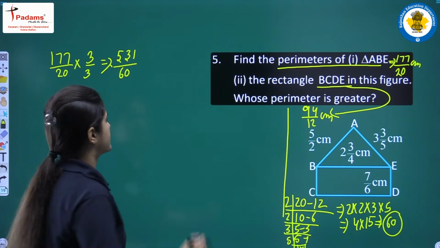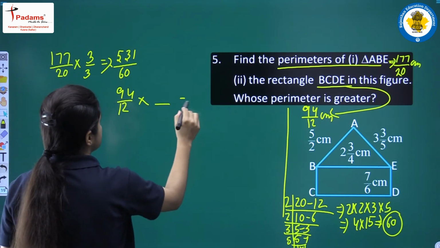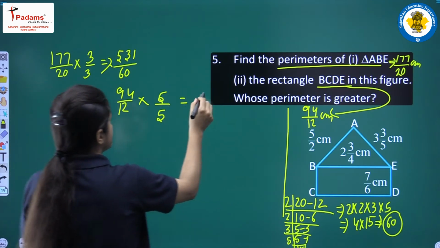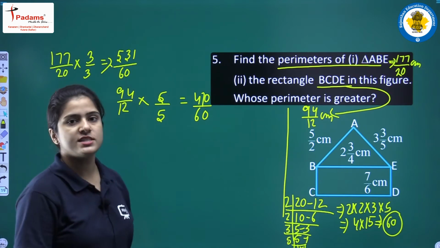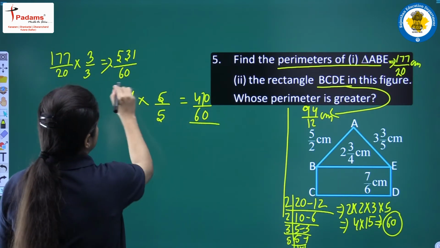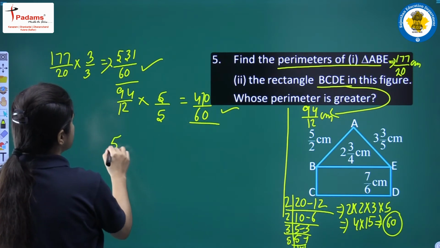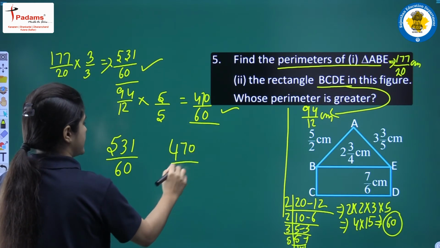Now students, this 94 upon 12 into what is equal to 60? 5, okay. This is also 5. So this is 470 upon 60. Now the denominators are the same, so it means that it is comparable. So 531 upon 60 and 470 upon 60.